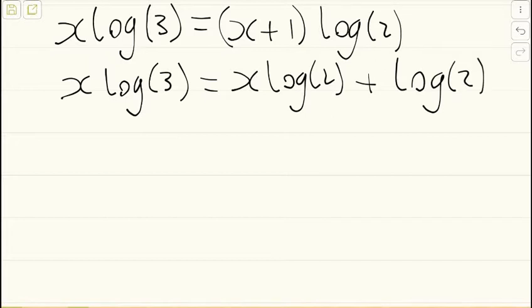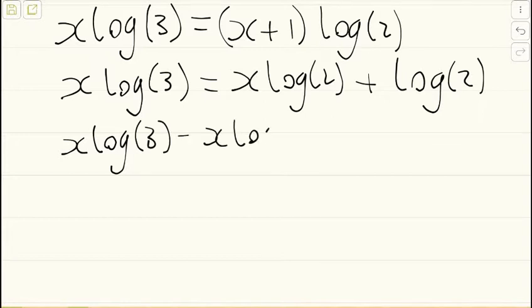What I have is an equation effectively, and you've got x's on both sides, so I'm just going to get everything with x on one side and everything without an x on the other side. So I have x log 3 take away x log 2, which equals log of 2.